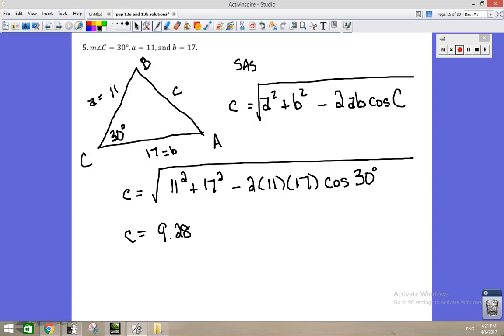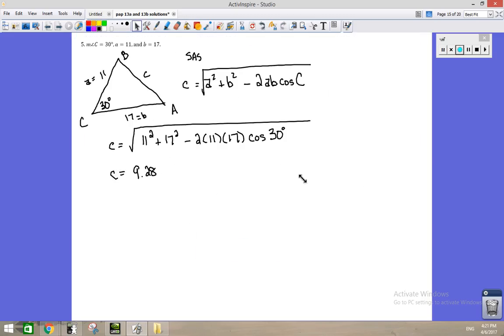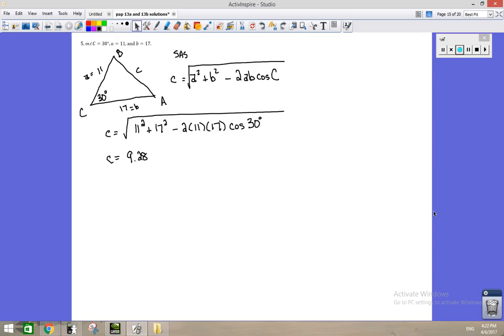Now I have a known pair. I know angle C and I know the length of C. So I could jump to the law of sines if I wanted to. And I'm going to. But I don't know yet if hidden in this triangle is an obtuse angle. I know that angle C is an acute angle, but I don't know information about angle B or angle A other than that angle B has to be the largest angle because it's opposite the longest side.